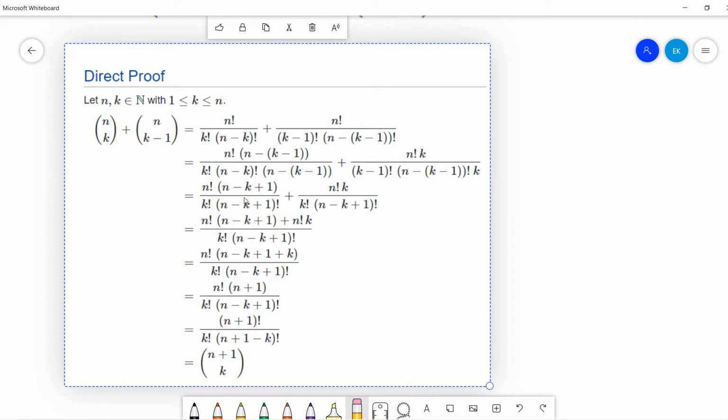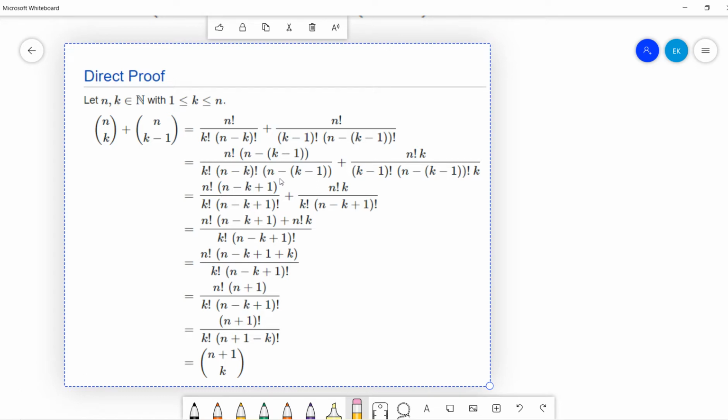Okay. So notice that this n minus k minus one factorial times this, right, will become n minus k plus one factorial. So we leave the numerator as before, but change the denominator.